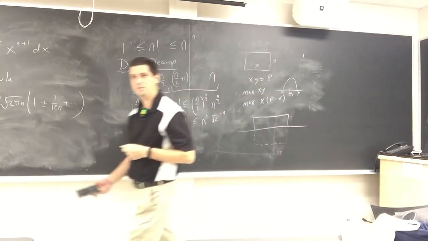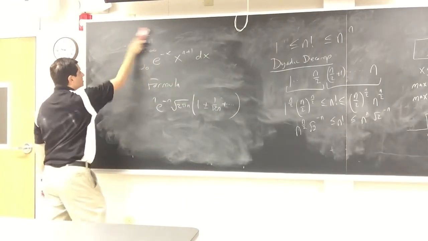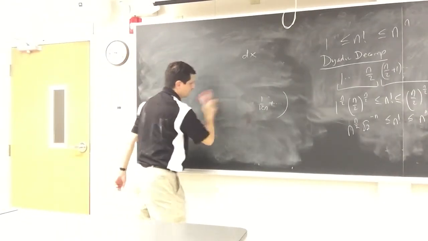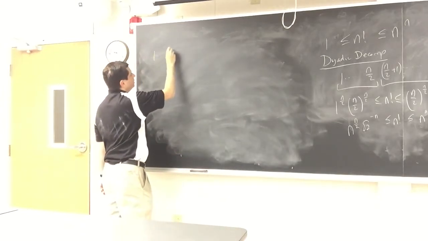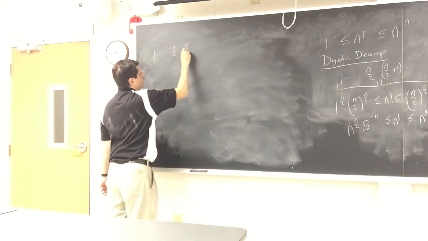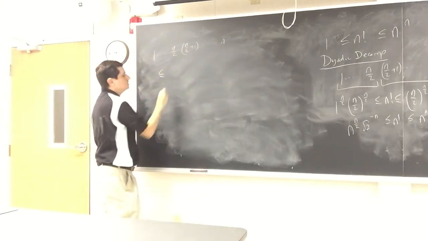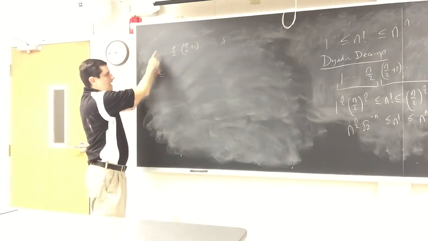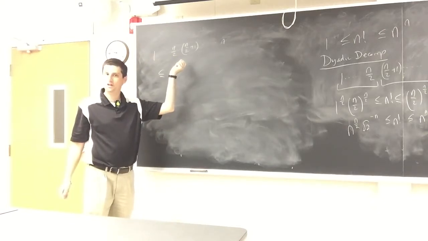I'm only going to work on the upper bound, but now I can play some games like this. I'll have 1 times n halves, plus 1 times n. And now I have n over 4 products, and each product is at most n fourths squared.